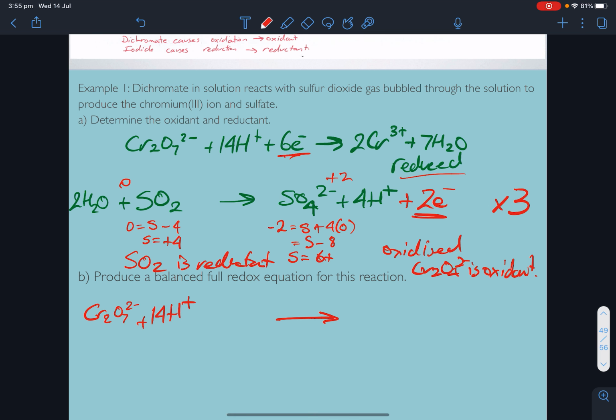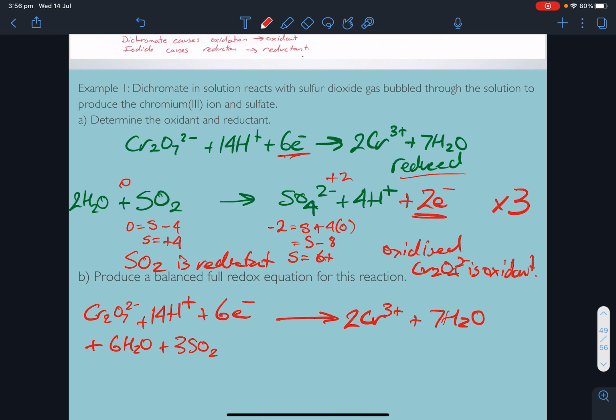I'm going to write everything on the left. And I'm also going to add everything on the left-hand side of the sulfur one multiplied by 3: 6 waters plus 3 sulfur dioxides. Now the right-hand side of the chromium one, 2 chromium 3 plus 7 waters.